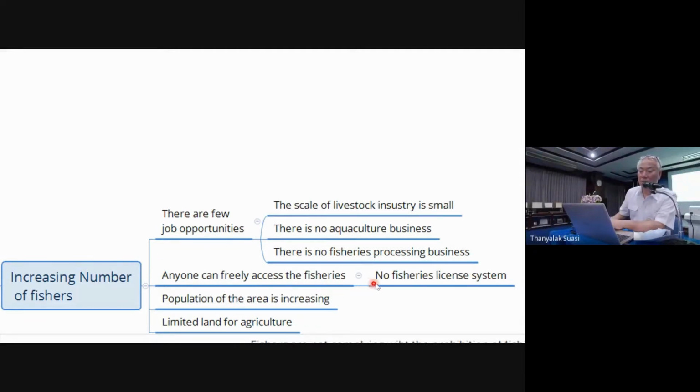Anyone can start fishing because there is no fishing license system in Lao, and the population in this area is increasing. There is limited land for agriculture around this reservoir. There is no rice field or land area. Many are mountain areas, so there is not enough land for agriculture.